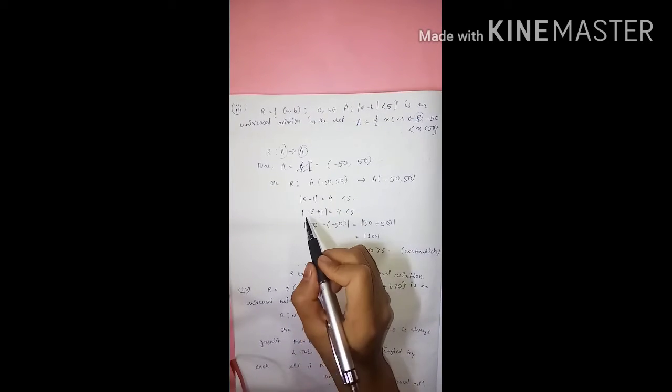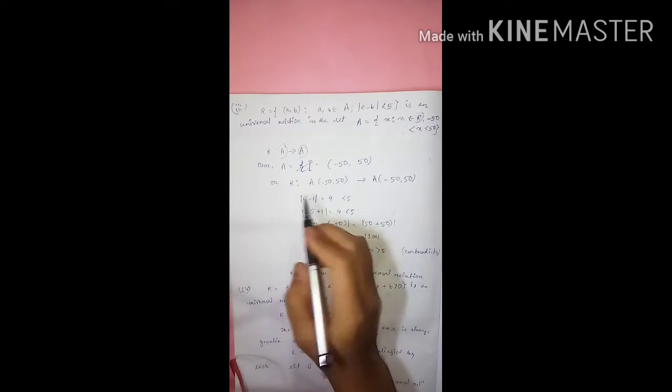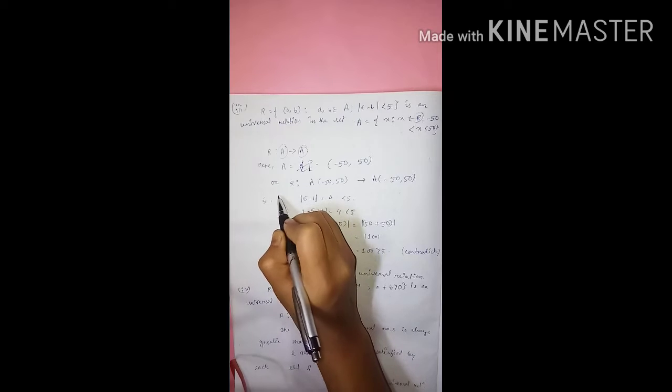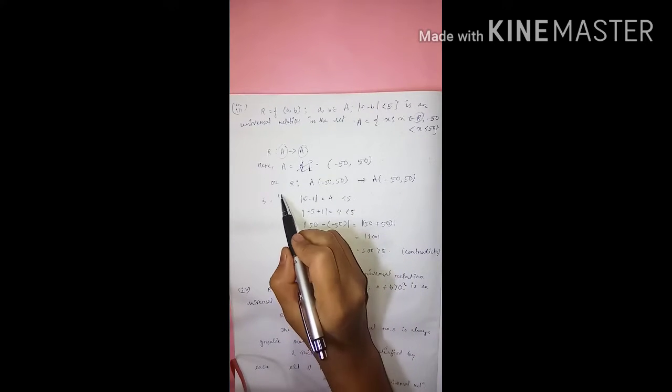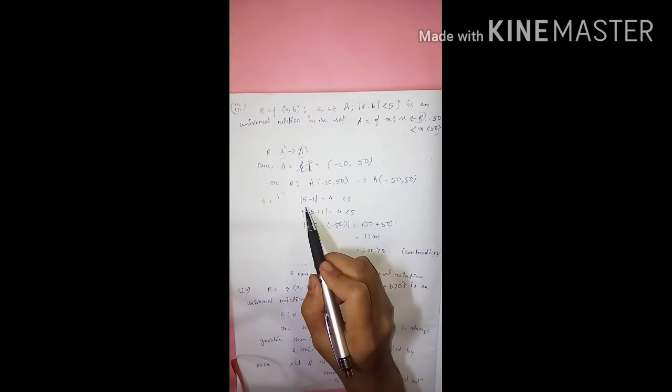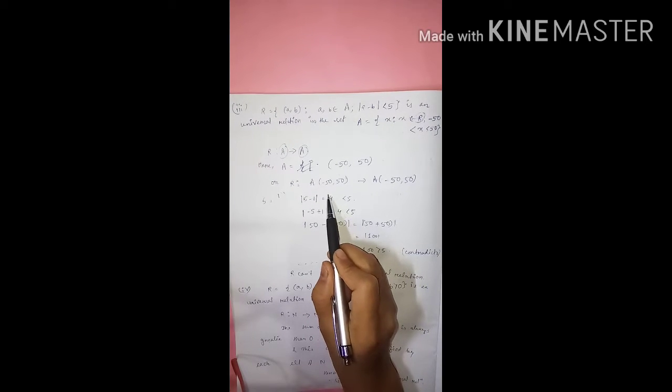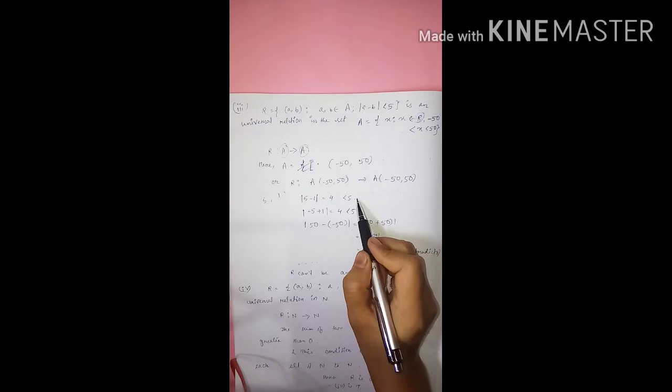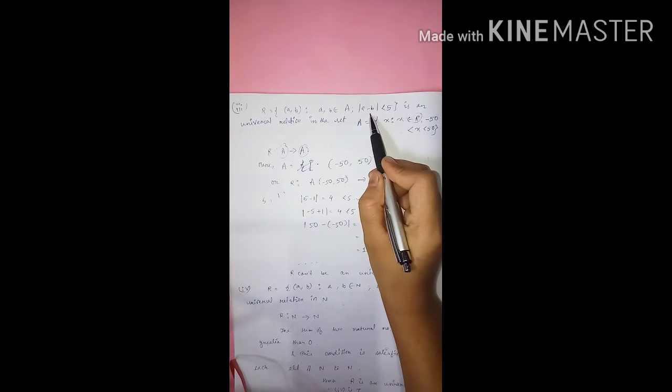Let's see. Now if we take the numbers 5 and 1, which belong to this interval, modulus of 5 minus 1 means modulus of 4, and modulus of 4 means 4. 4 is less than 5. It satisfies the condition.